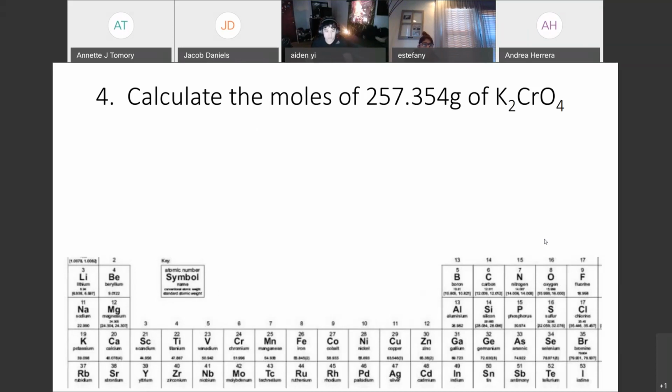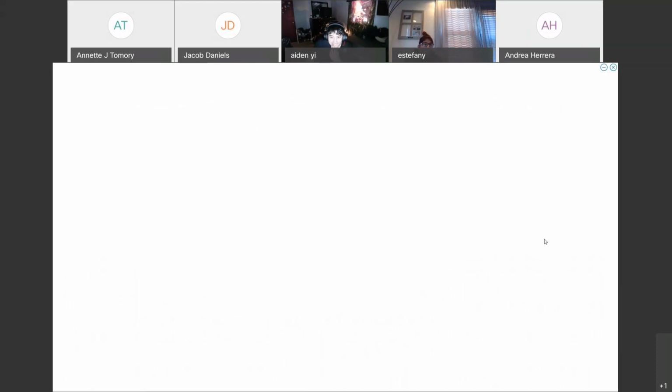Okay, let me see if I can add another screen in here. Okay, so what does it say? How many carbon molecules are in a standard Advil tablet that contains 0.200 g of ibuprofen?